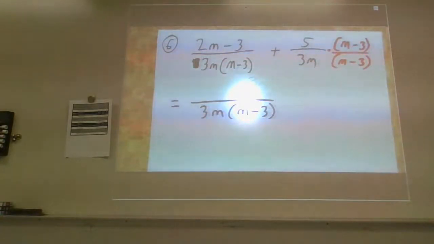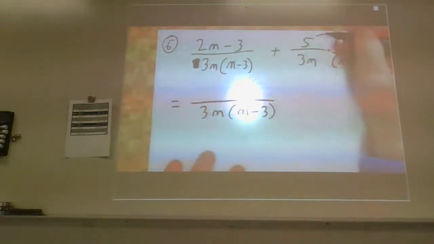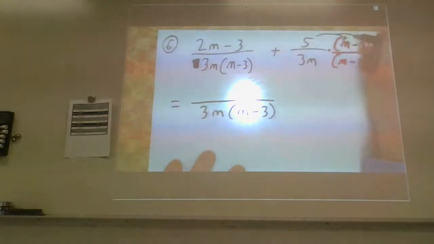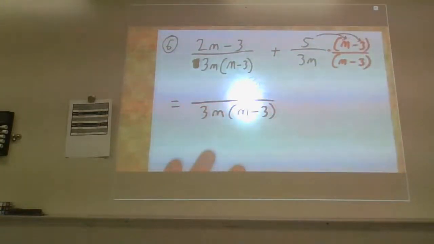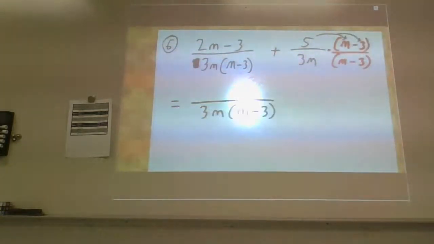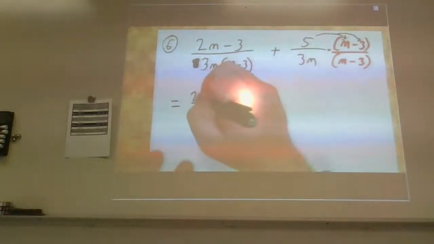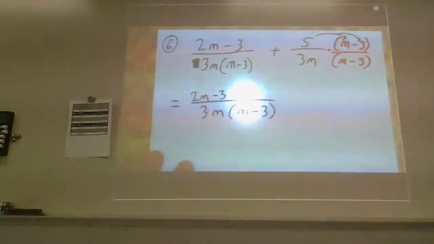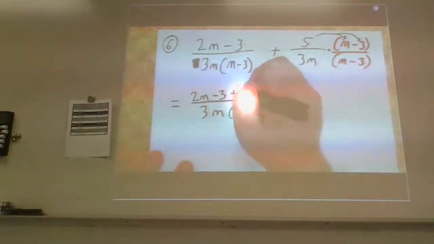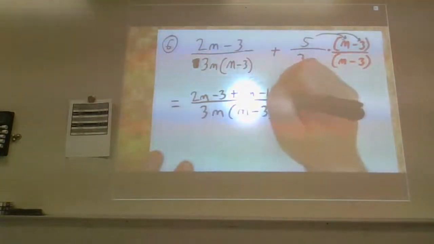At this point, the only thing left to do is to clean up the numerator, keeping in mind that you are going to have to distribute that 5. And it is a positive 5 that you're distributing, so no worries there. 2m minus 3 plus 5m minus 15.